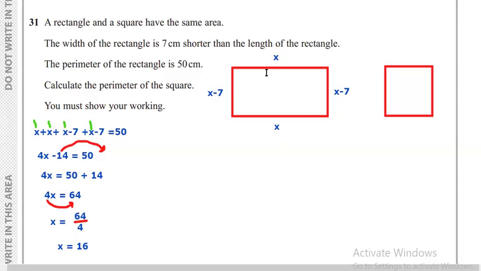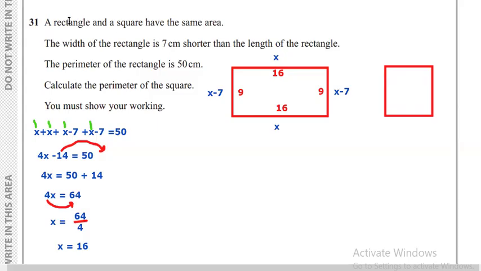So this means that this one is 16, and this line here is 16. And here, 16 minus 7, which equals what? Very good, equals 9. So this one is 9, and this one is 9. Now, we have the sides of the rectangle. Now, let's continue the question. They want us to find what? They want us to find the perimeter of the square.